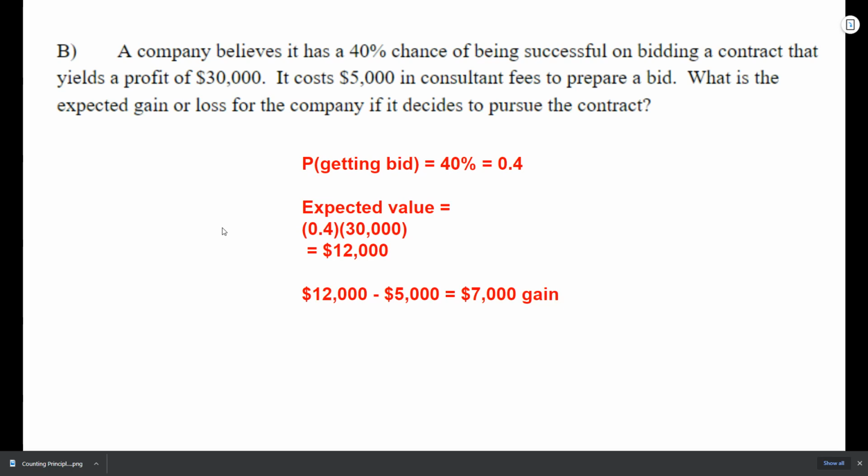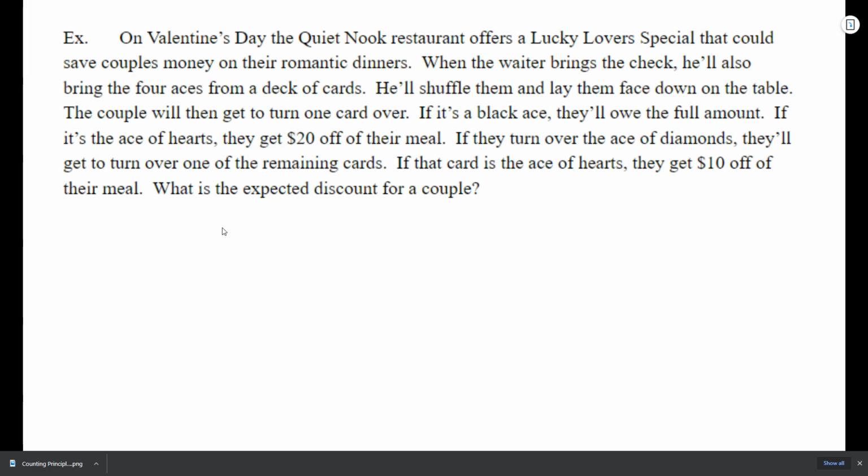So the expected value is 0.4 times the $30,000 in the contract. So that's $12,000. So their expected value is $12,000. Take away the $5,000 in consultant fees, they're expected to gain $7,000.